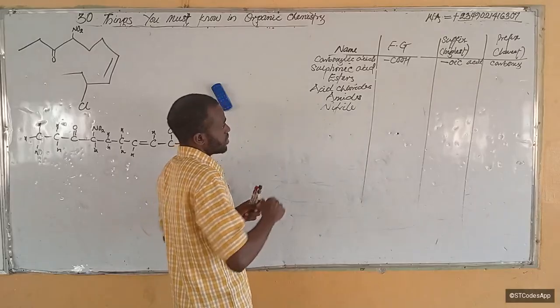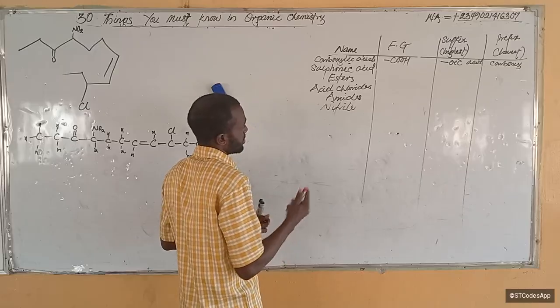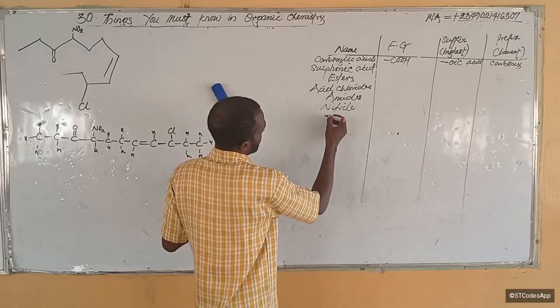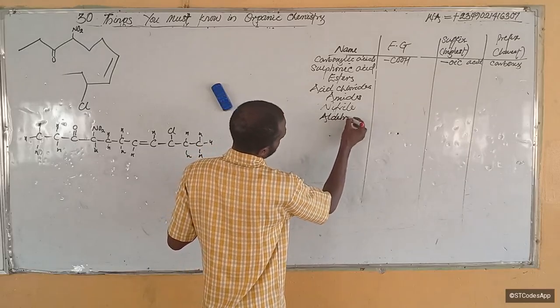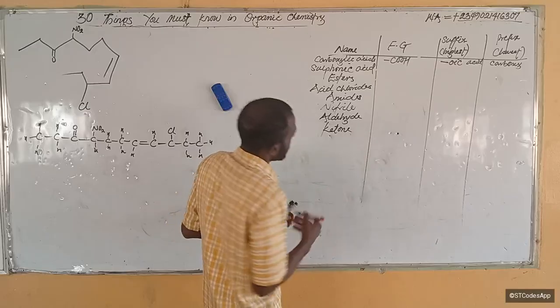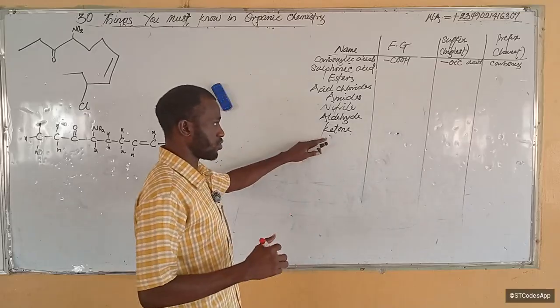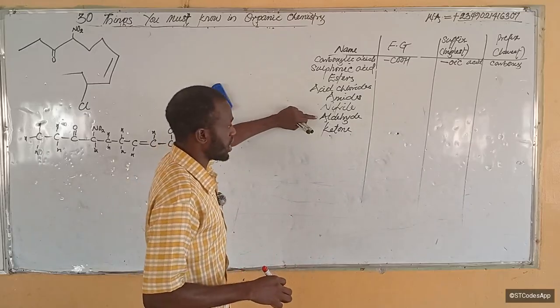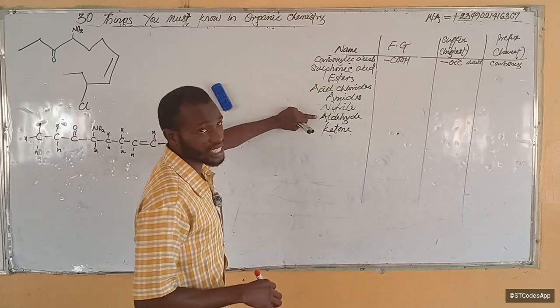Then after the nitriles, we have the aldehyde. Then after an aldehyde, we have a ketone. So in a group where you have aldehyde and ketone, which one will you give priority to? You give the highest priority to the aldehyde.